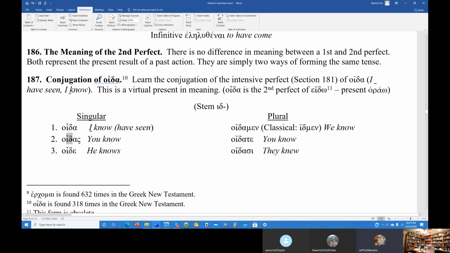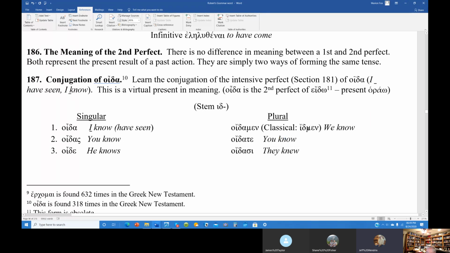Now, the copy of the book that I sent you had a mistake or two in it, which I've corrected. And so there was a mistake right here in your copy. I've corrected that. And so there's your stem. So you can see from the stem, you can see the endings on it. And this was the classical form of it.